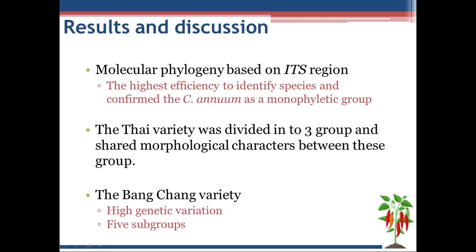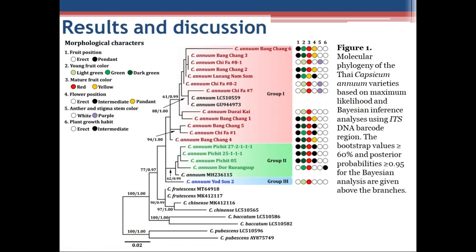Among these groups, interestingly, the Bang Chang variety showed high genetic variation and separated into 5 subgroups. This figure shows the maximum likelihood tree of Thai Capsicum annuum varieties based on the ITS region, separated into 3 groups that did not relate to morphological characters, which are indicated by the tiles of each sample in 6 characters.